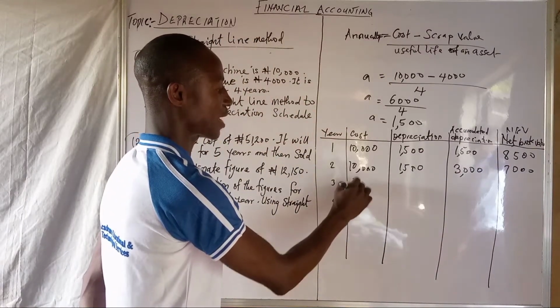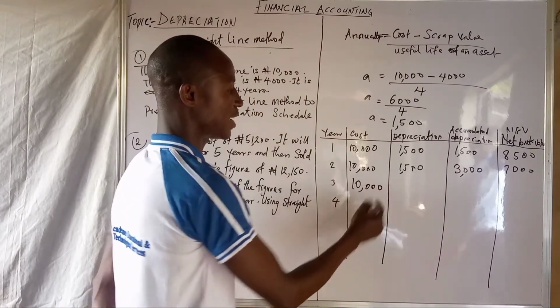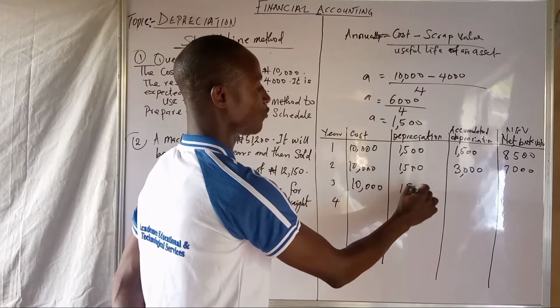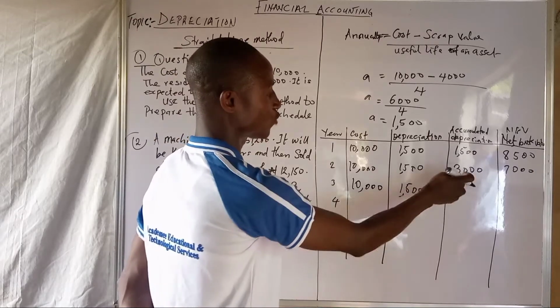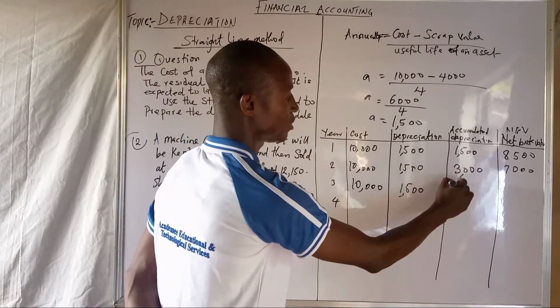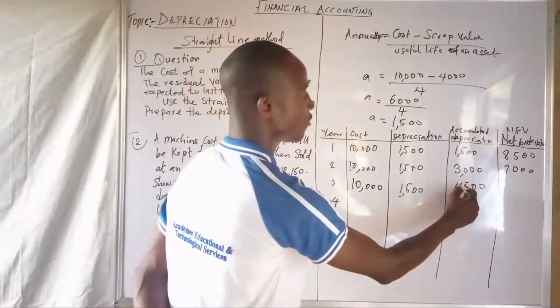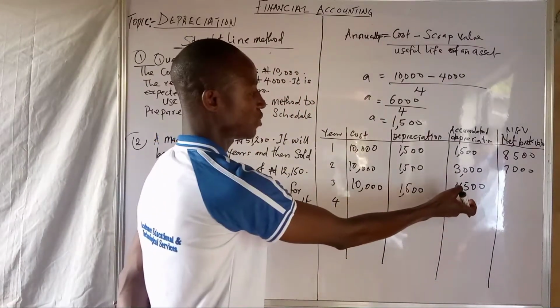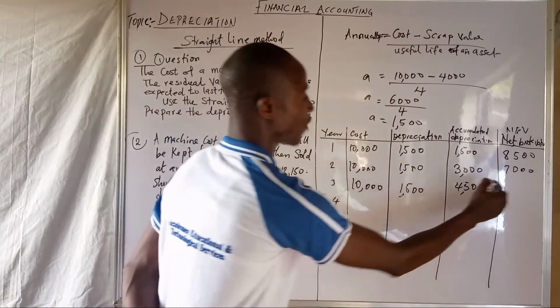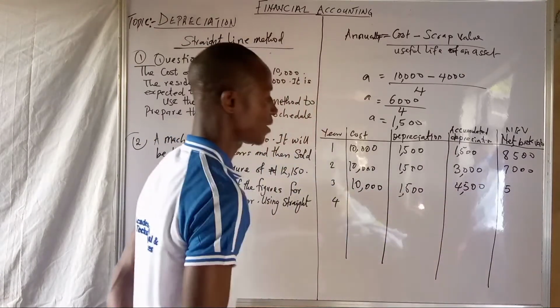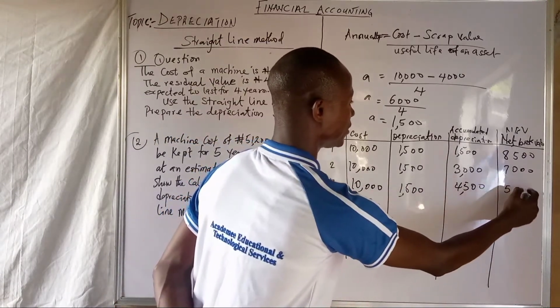In the third year, the cost is 10,000 naira, and the straight line method of charging has already given us 1,500. So 1,500 plus 3,000 gives 4,500. Taking the 4,500 away from the 10,000 naira, we realize 5,500 naira.